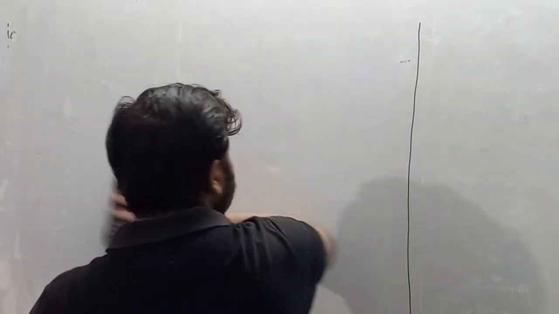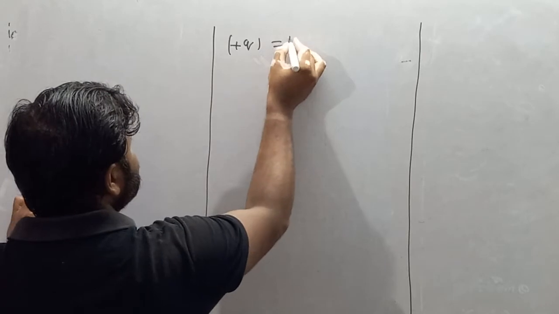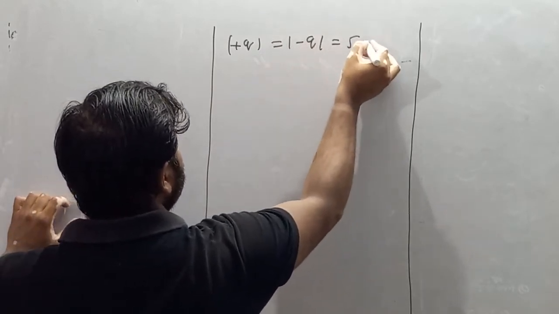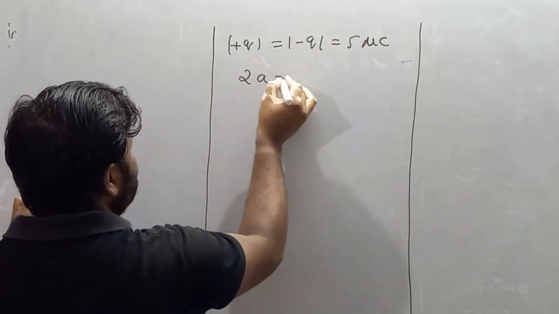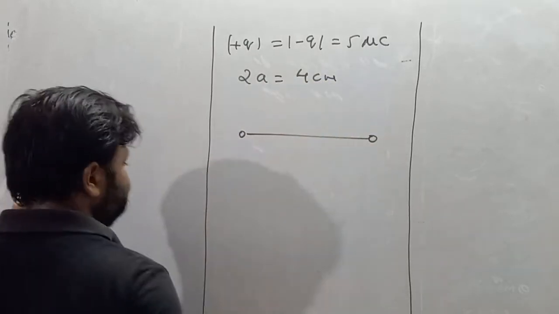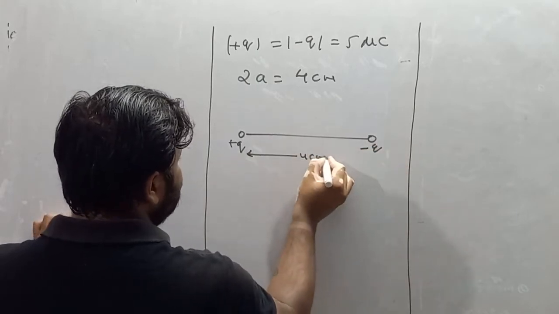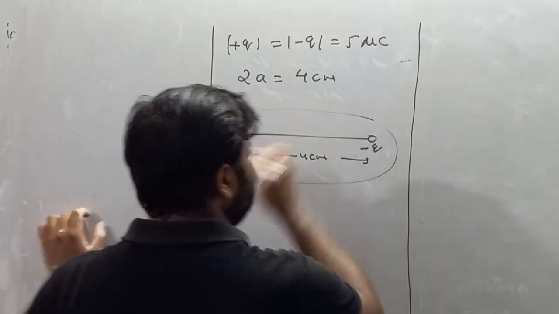So we have two point charges, my dear students, opposite in sign, of magnitude plus q and minus q. Both are 5 microcoulomb and the separation between them is 4 centimeter. So this forms a dipole system.